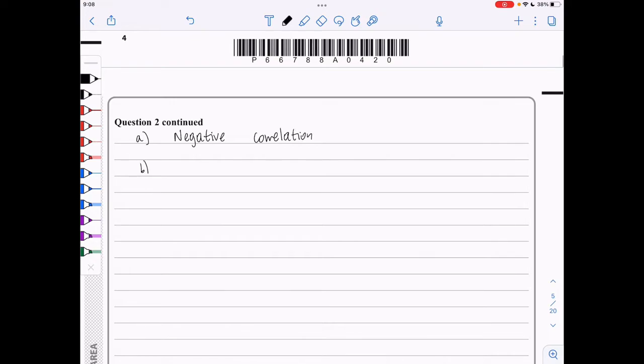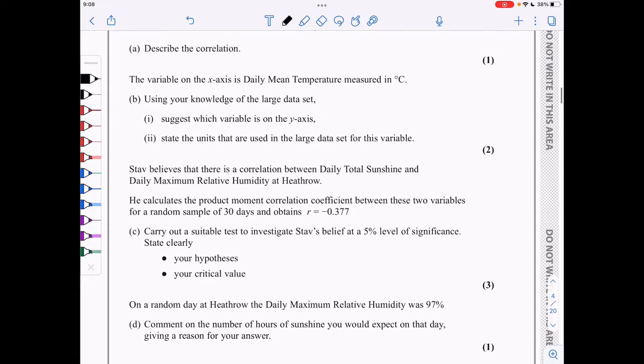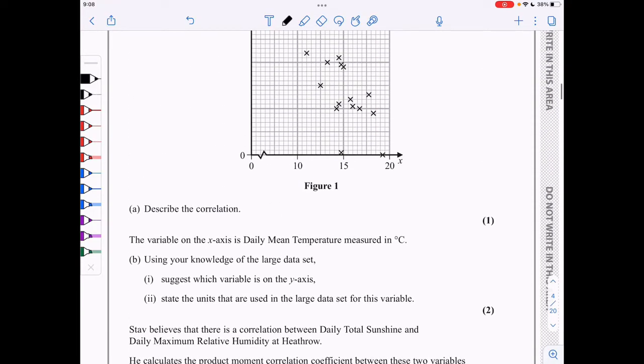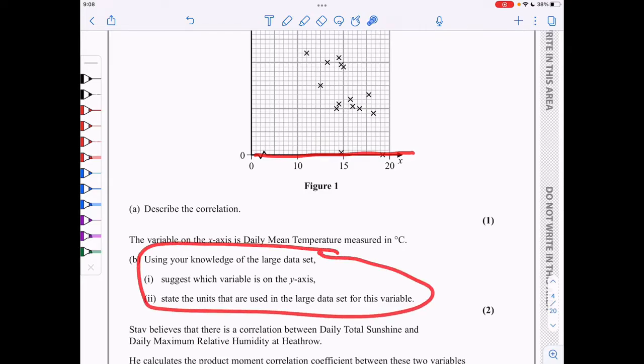And then in B, being told that the variable on the x-axis is daily mean temperature, using our knowledge of the large data set, we need to suggest which variable is on the y-axis and the units in which this is measured. So we've got daily mean temperature here, and we've got something that decreases with increasing temperature. So the greater the temperature, the less this becomes.